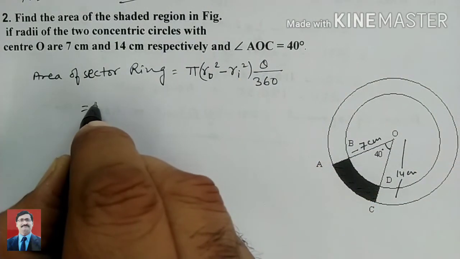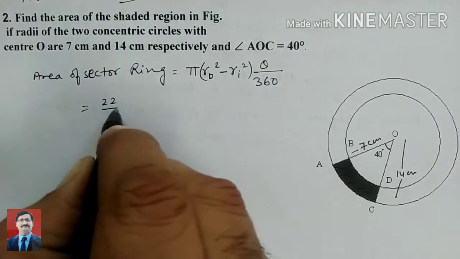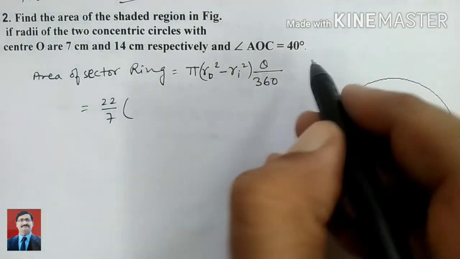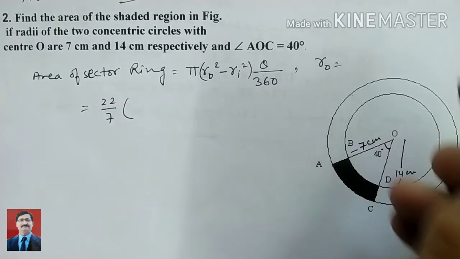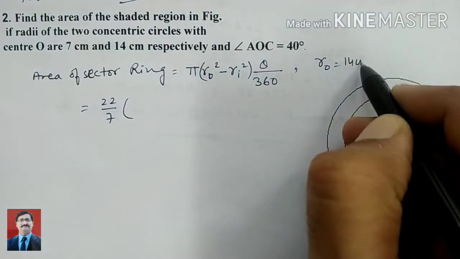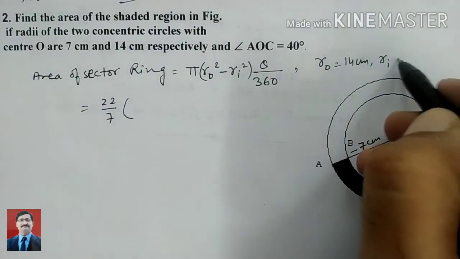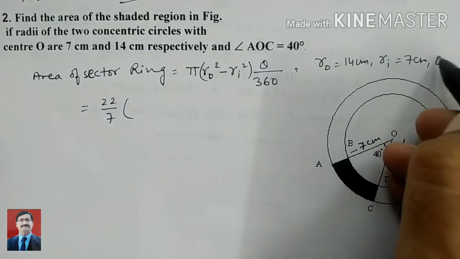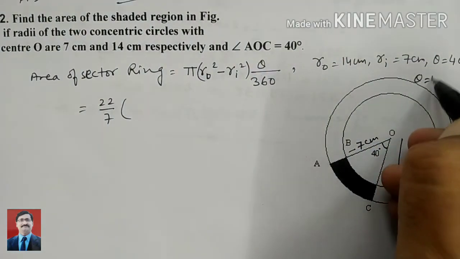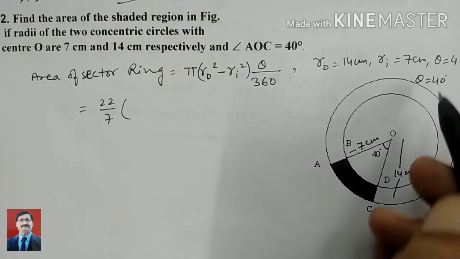In place of pi we put 22/7, r outer is 14 centimeter, r inner is 7 centimeter, and theta is equal to 40 degrees. So we will put all these values here.